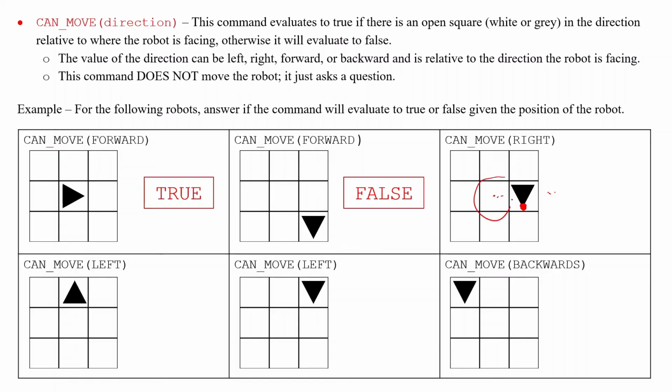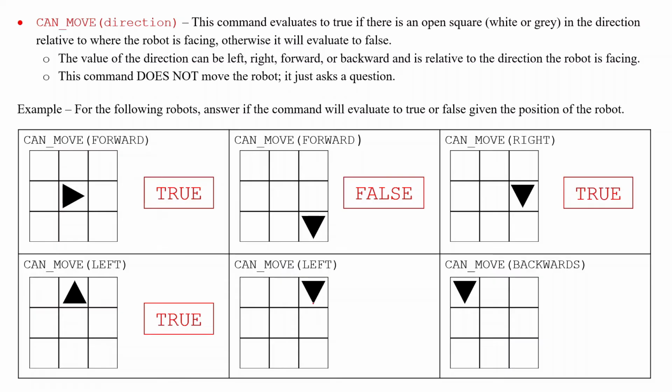The right is this grid right here. Does it have the ability to move there? Could I give it commands to move there? You can, because it's open. It is an open white square. Now down here, can it move to the left? Which square is to the left? That would be this one. Truly, it wouldn't matter either way because both of those grids were open.